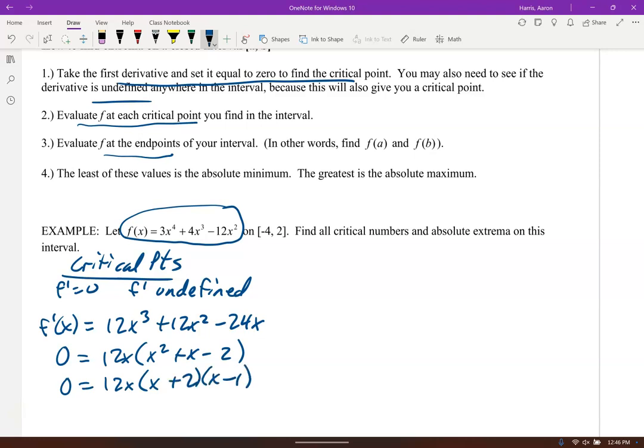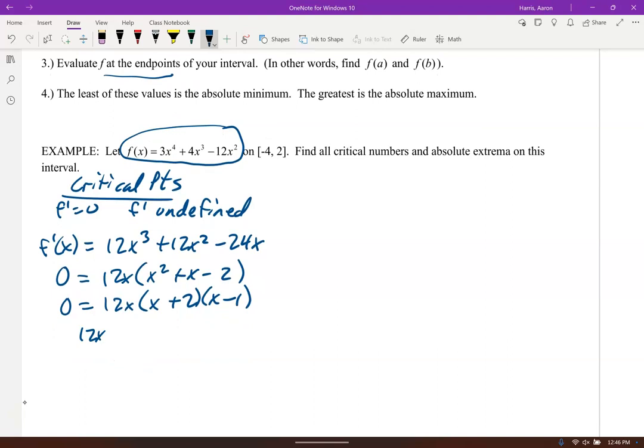Then I take each factor and set it equal to 0. Divide by 12, subtract 2, add 1. And that's where the derivative is equal to 0. Notice I don't have anywhere where the derivative is undefined.